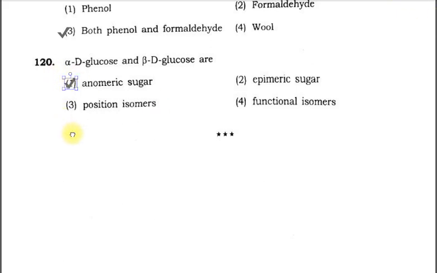These are anomers. Alpha D glucose and beta D glucose are stereoisomers that differ in the three-dimensional configuration of the atoms and groups at one position. So these are the anomers.